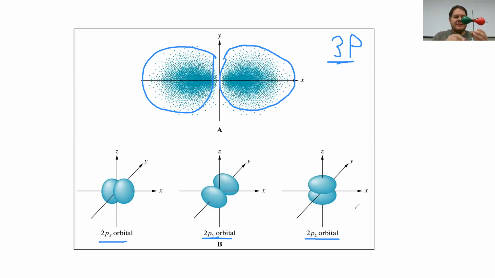This one is going to be the px orbital. There's our two lobes, but those are along the x-axis. So this is the px. Now, one thing to note, really important about these two, is that they are going to have electrons that have the same energy in these p orbitals, okay?